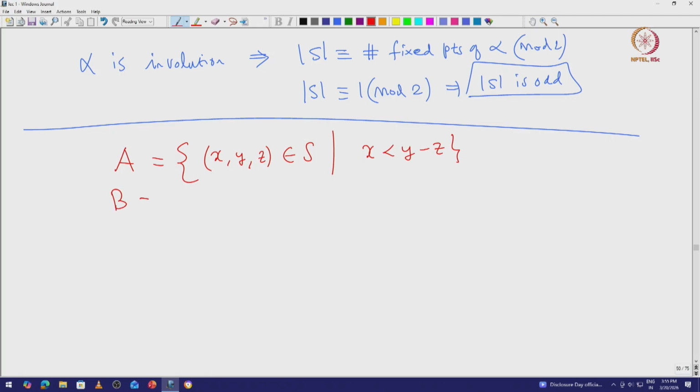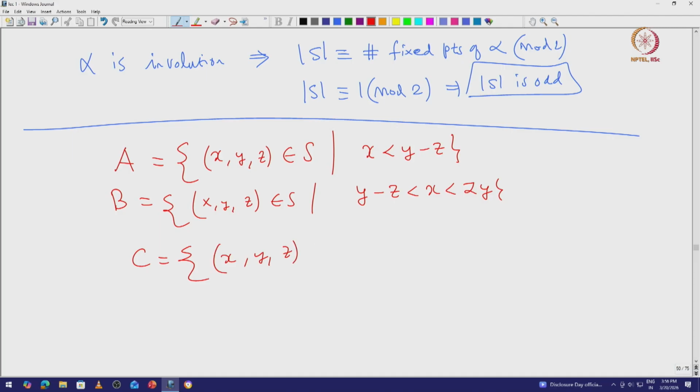You call it B, again the triples x, y, z in S such that it satisfies the second inequality, y minus z is less than x less than 2y. Then C, you call it the set of x, y, z in S such that x is greater than 2y.